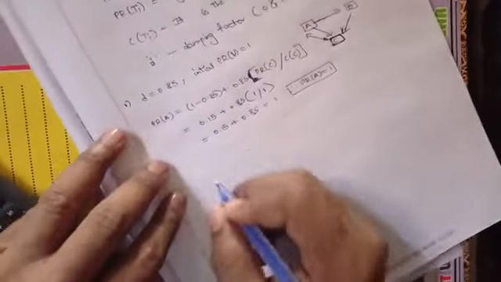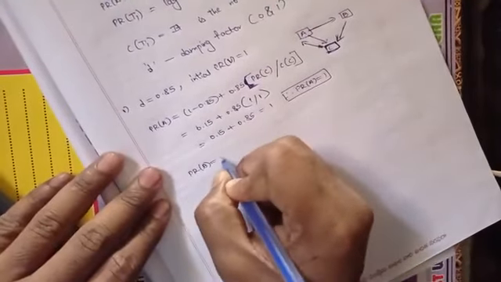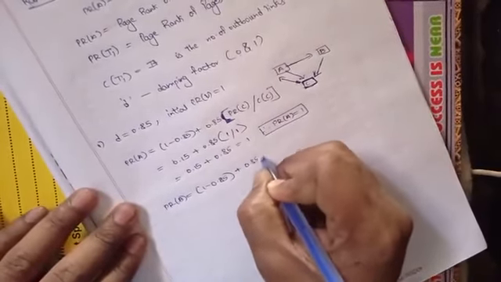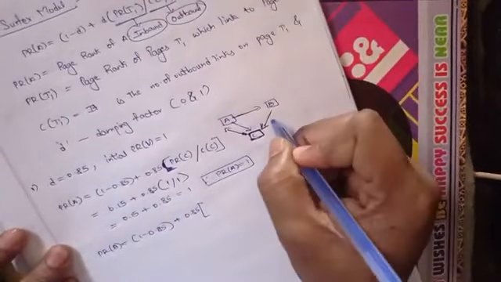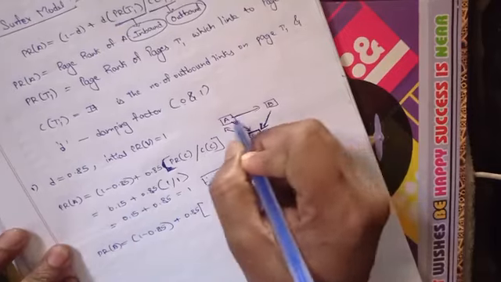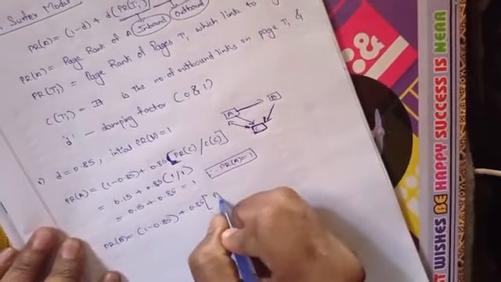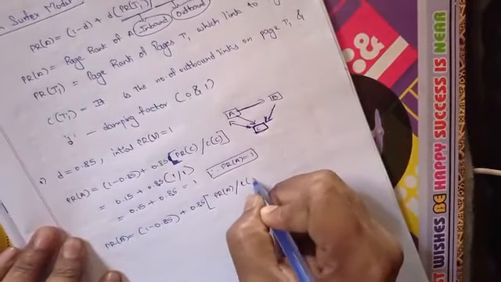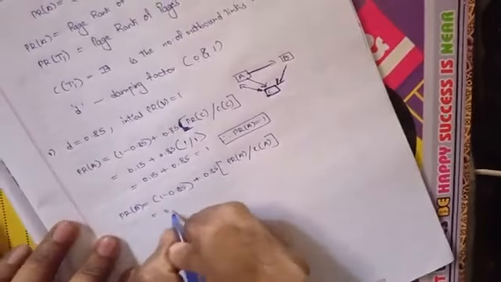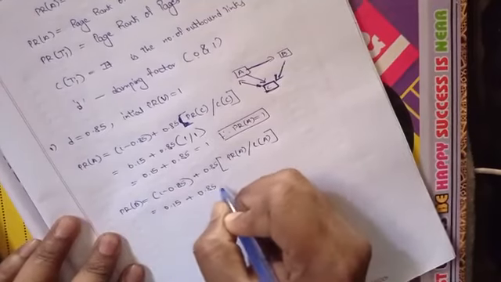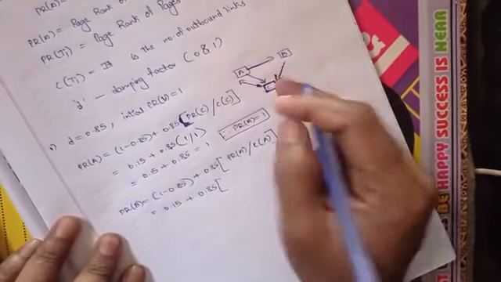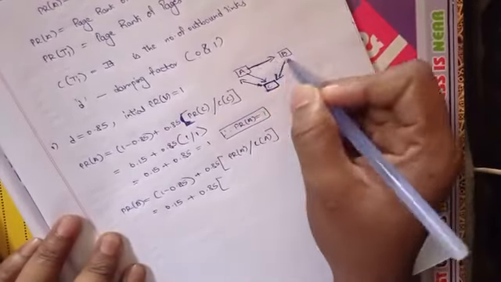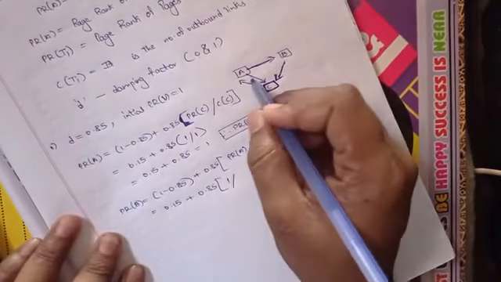So now let's find the page rank of B. PR of B is equal to 1 minus 0.85, that is 1 minus D, plus D, 0.85, of. Let us see the image: the incoming edge is only from A. So the page rank of A divided by C of A, that is 0.15 plus 0.85 of the number of incoming edges to B, 1, by the number of outgoing edges from A, which is 2.